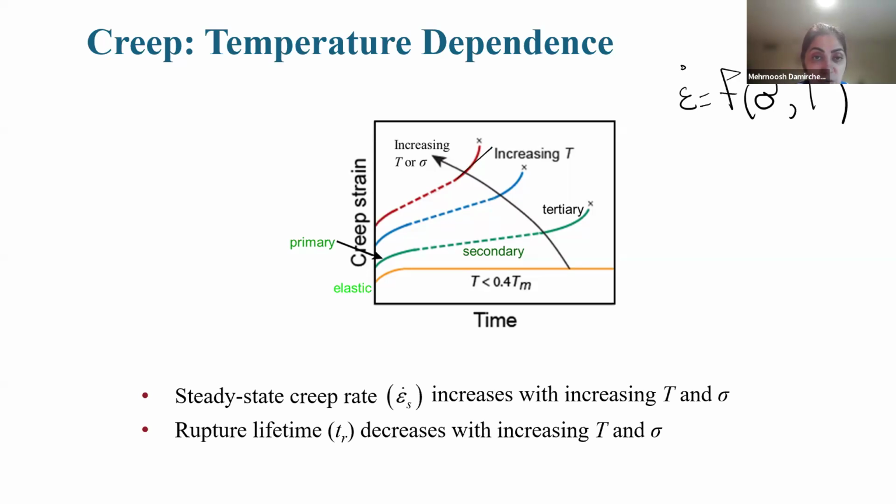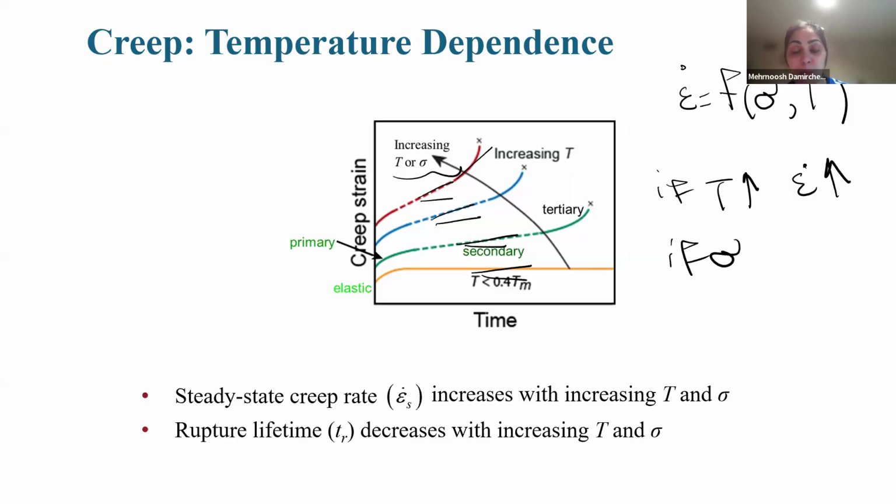As you see, for the slopes of the lines in steady state, for increasing temperature or sigma, the slope increases. So if temperature increases, epsilon dot increases. The value of sigma is constant during the creep test, but when you compare, for example, 10 megapascal and 20 megapascal, the value is important. So as stress increases, epsilon dot, or strain rate, increases too.